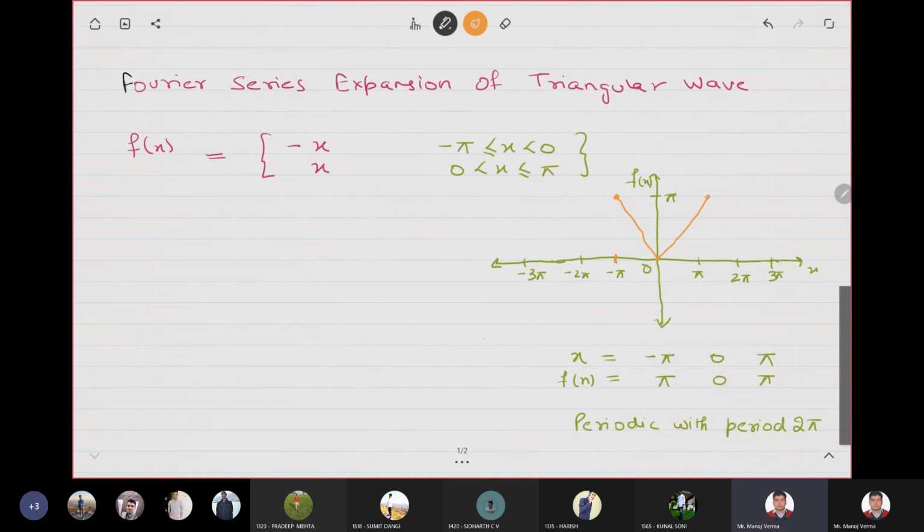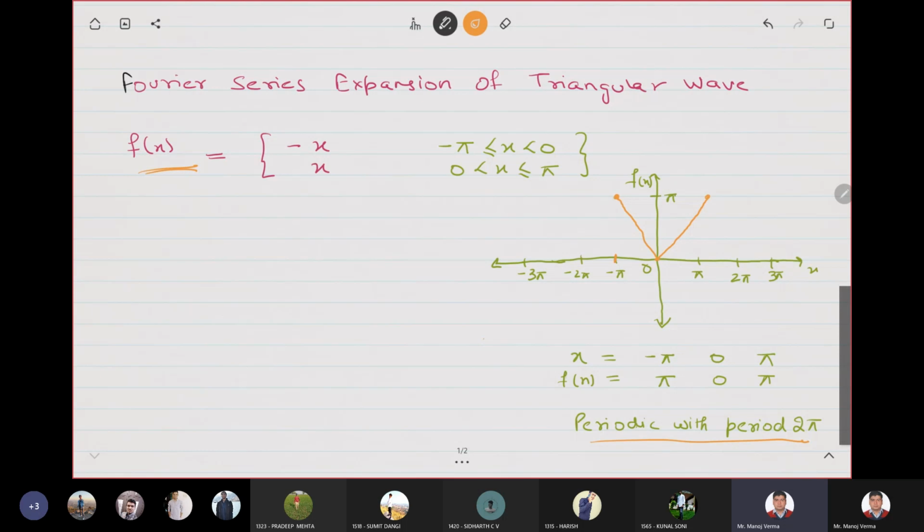So this function f(x) can be graphically shown like this orange line in the range from minus pi to plus pi. This function is a periodic function with period 2 pi. So from minus 3 pi to minus pi, it will behave exactly the same as it is behaving from minus pi to pi.